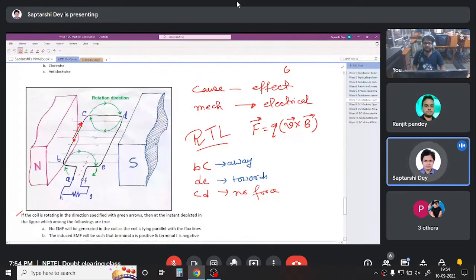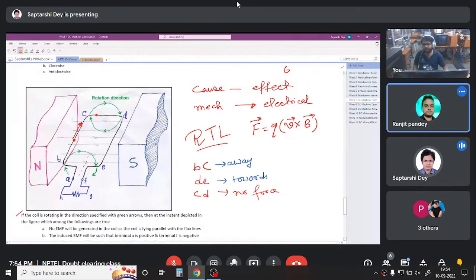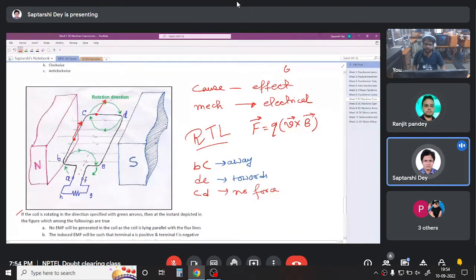So, Sir, what is the reason that in CD no force is moving? Okay, tell me, this particle, in which direction was it getting the force? Away from us. So if you have a conductor here and this force is forcing this particle to go away, out of the conductor, it cannot go out of the conductor, right? So basically this is interesting.